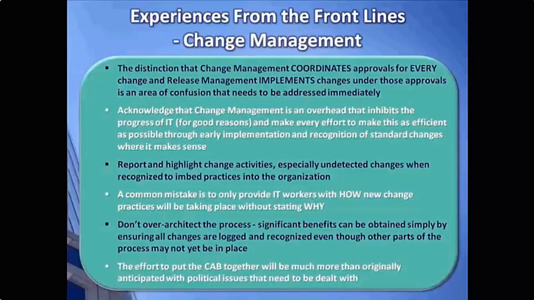So having a way to detect these, even if it's just through random audits, or raising these when incidents occur and you discover there's a change that was made that caused the incident that never was approved, those are things you want to grab onto and track immediately and include those in your reporting so that everybody that's managing the infrastructure sees who's making those kinds of changes and where they're occurring. You'd be surprised how just simple publicity over that kind of thing will quickly reduce the occurrences of those kinds of things.